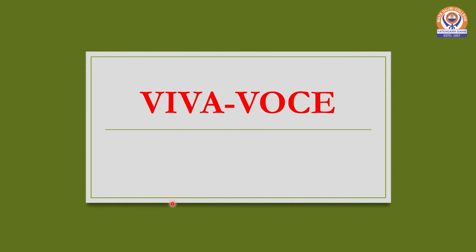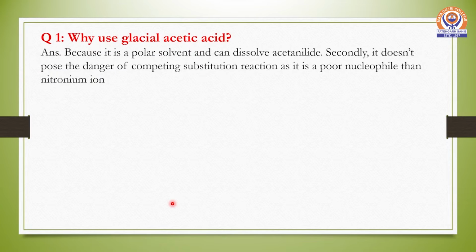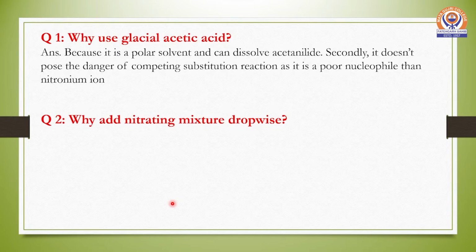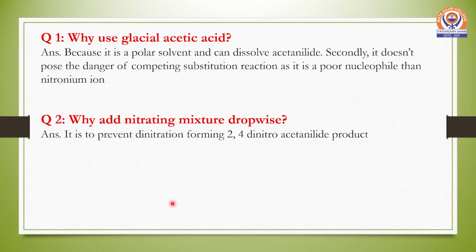The various viva questions related to this synthesis are as follows. Why do we use glacial acetic acid? It is because it is a polar solvent and can dissolve acetanilide. Secondly, it doesn't pose the danger of a competing substitution reaction because it is a poorer nucleophile than the nitronium ion. Secondly, why do we add the nitrating mixture dropwise?